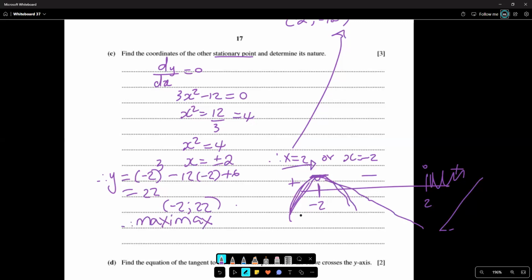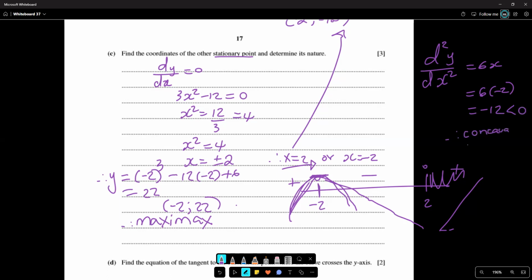I can prove to you with the second derivative. Remember, we're given that d squared y over dx squared is 6x. Let's substitute -2. 6 times -2 gives us -12, which is less than 0. Therefore, concave down, right?